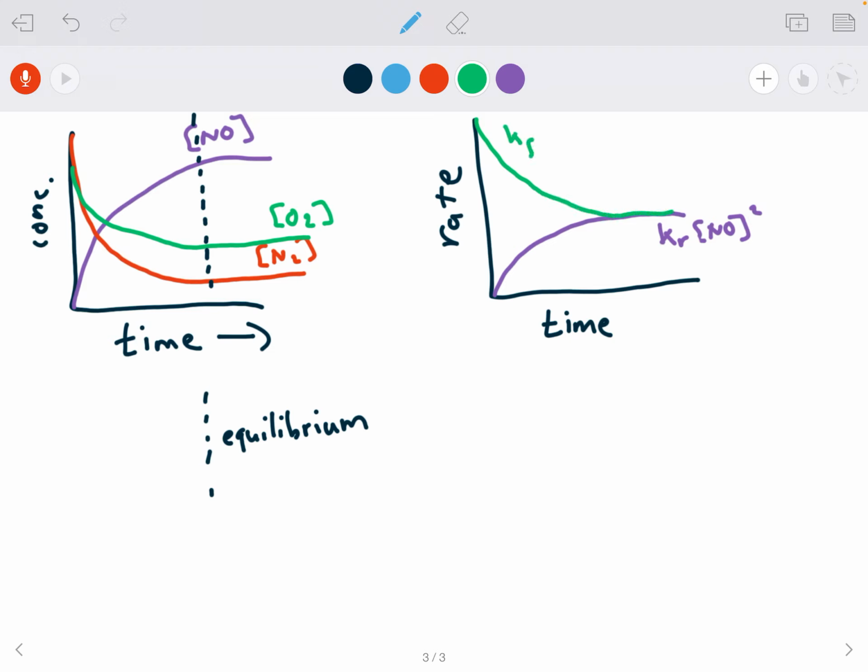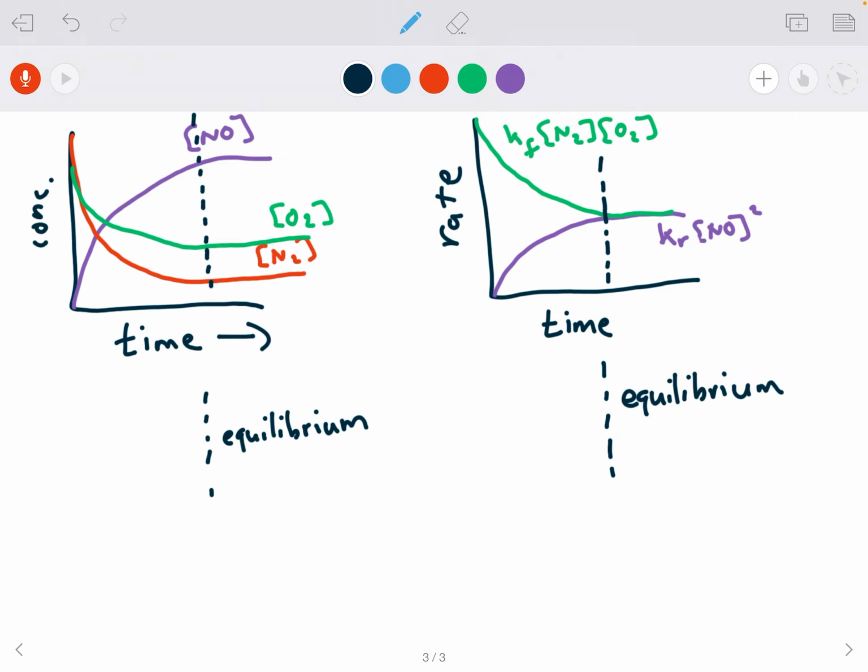This is Kf times N2 times O2, right? The rate of the forward reaction. And again, this point right here is equilibrium. The rates are the same, but the concentrations are not, right?